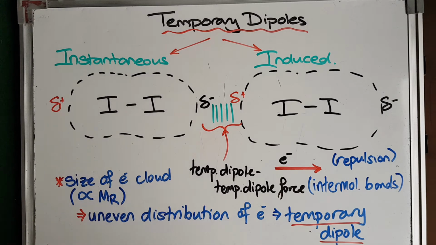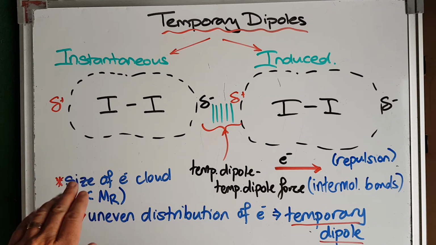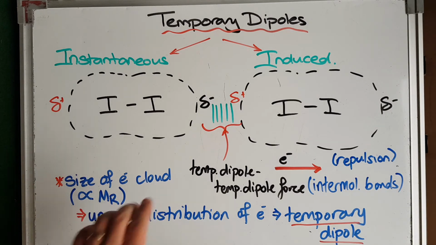It's determined by the size of the electron cloud, but we don't have that data quickly at hand. It's not something we can just look at a periodic table and go, oh, that's X times bigger. We'd actually need a list of atomic radii and make some inferences. So instead what we do is we use the molar mass as our guide, because the size of the electron cloud is proportional to the molar mass.